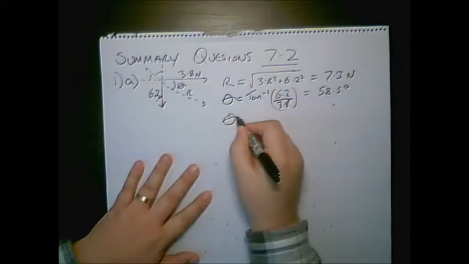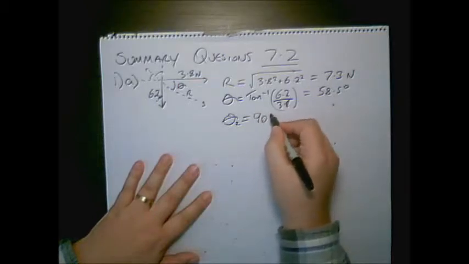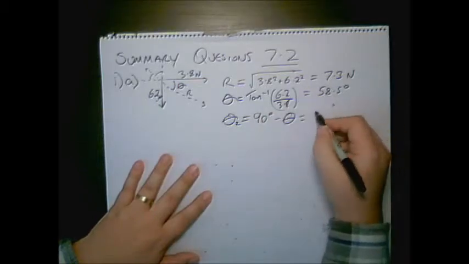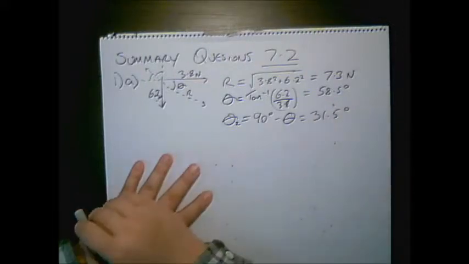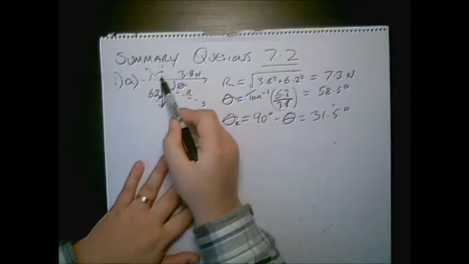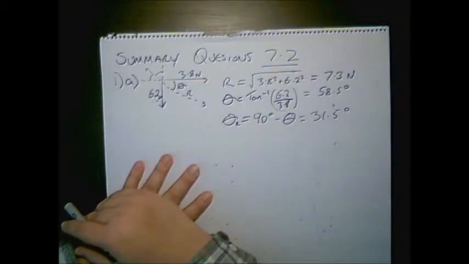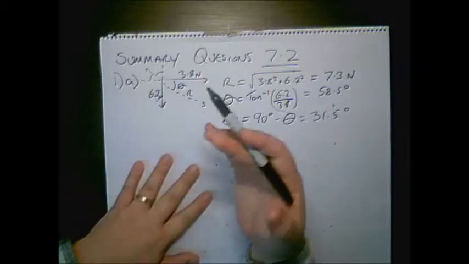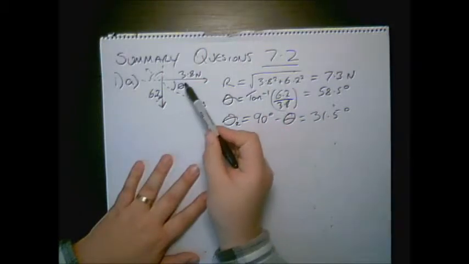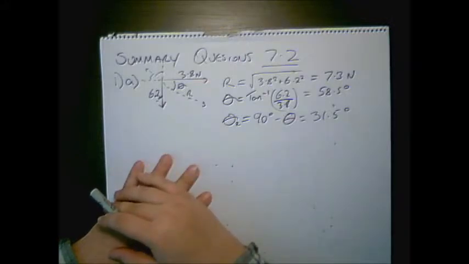We call it theta 2, and that will be 90 degrees minus our original theta, which will give us 31.5 degrees, because this right angle here will be 90, therefore 90 take away this bit must give you this bit. This is from the vertical, not the horizontal, which again I don't think works well, considering here we gave the answer to the horizontal, but that's just to explain why the book says 31.5 degrees.